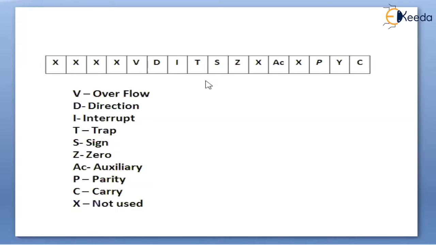Now, when a program is getting executed, meaning one of its instructions is getting executed, let us say the 23rd instruction of a program. At the end of the 23rd instruction, if you want to know the status of a program, you need to look at the flag register.